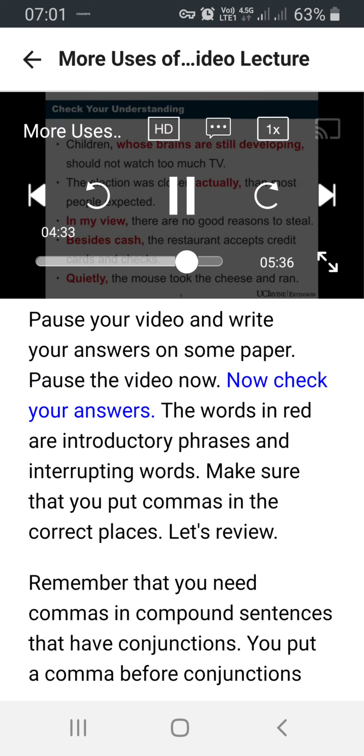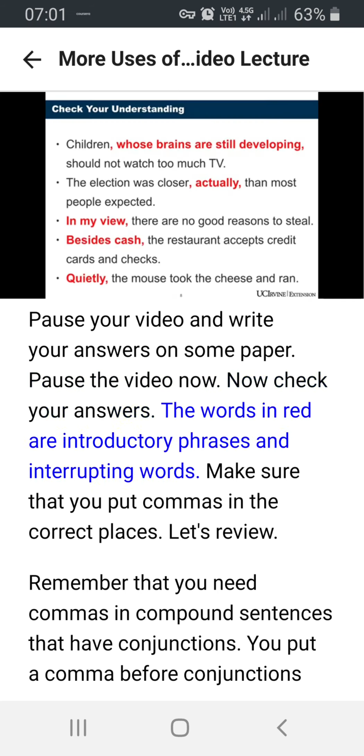Now check your answers. The words in red are introductory phrases and interrupting words. Make sure that you put commas in the correct places.